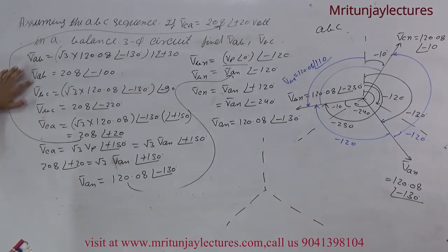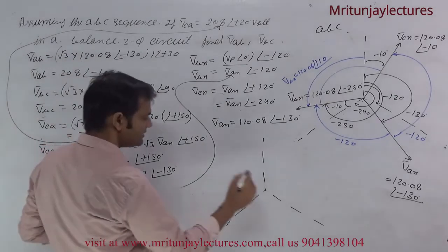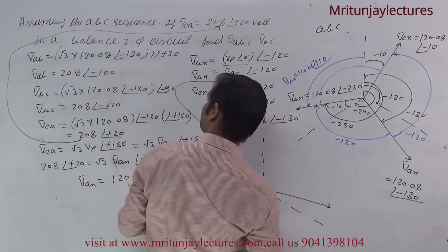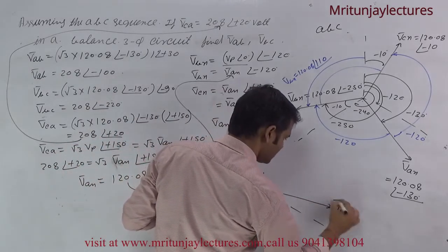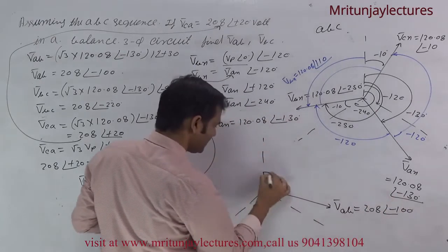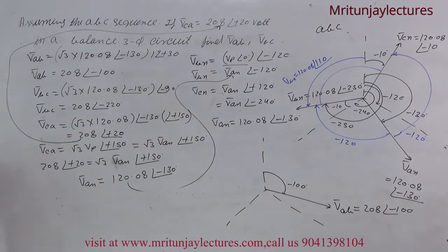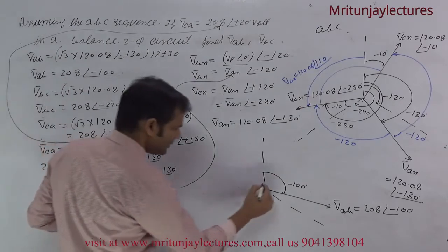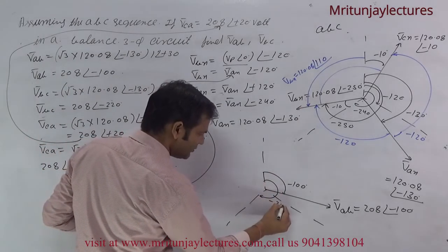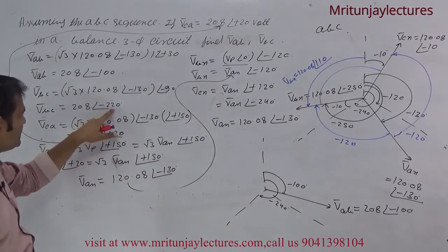AB is 208 at the angle minus 100. Clear? After that BC. This one angle is minus 240. Now corresponding to this one, that is minus 220.